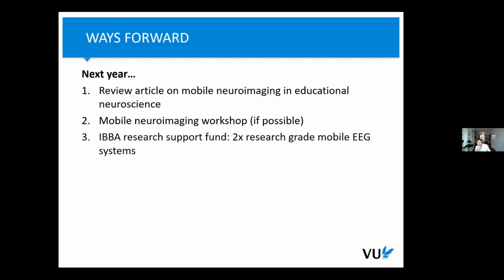We received the EARLI research support fund to buy 2 research-grade mobile EEG systems, which is very nice because I think they will arrive any moment. It's also a nice way, at least in the IBA research community, to start collaborating and learning together how to use these systems.